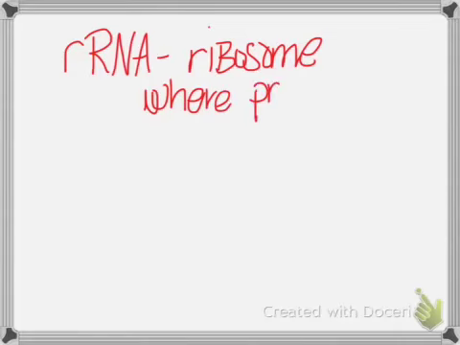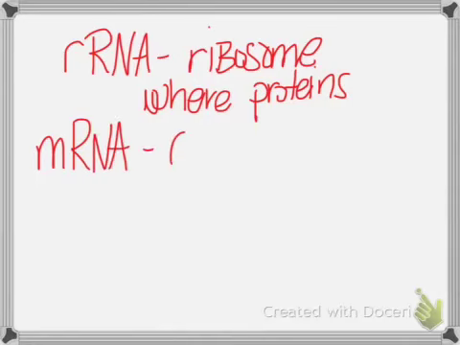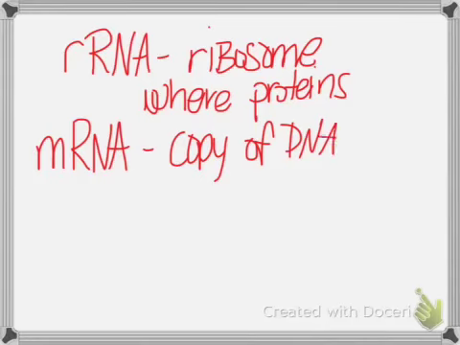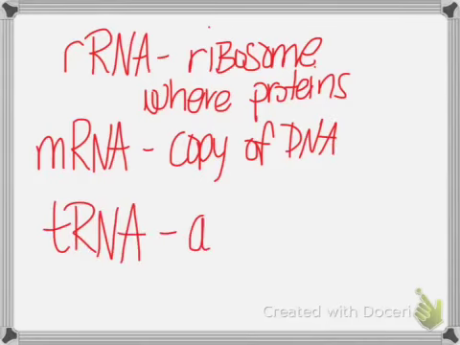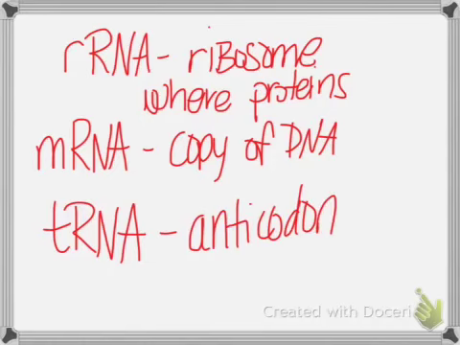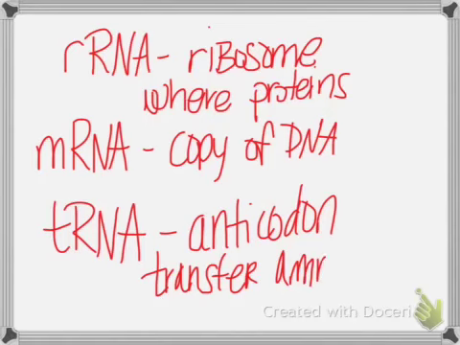Our mRNA is a copy of DNA, and our tRNA contains that anticodon, which is going to match up with the codon and transfer amino acids. Those are the jobs of our RNAs.